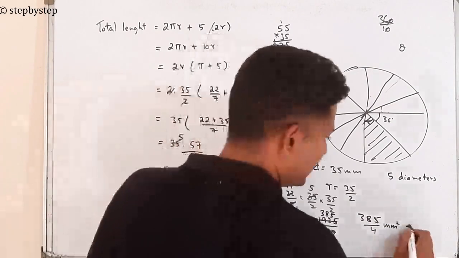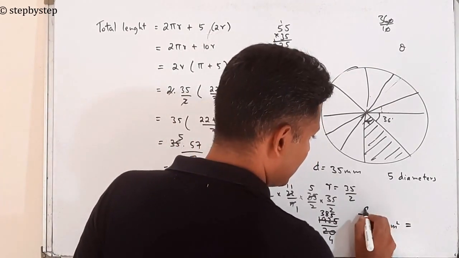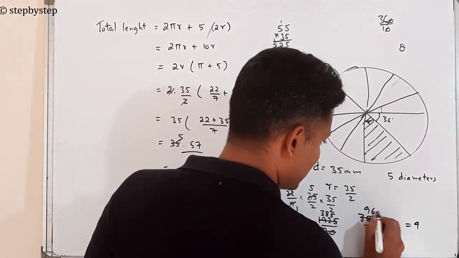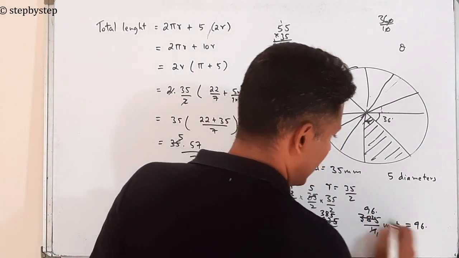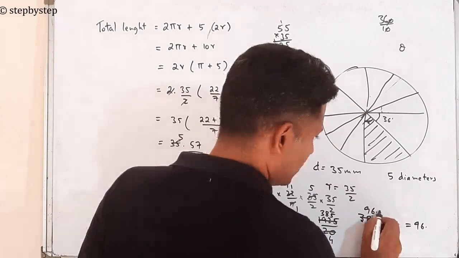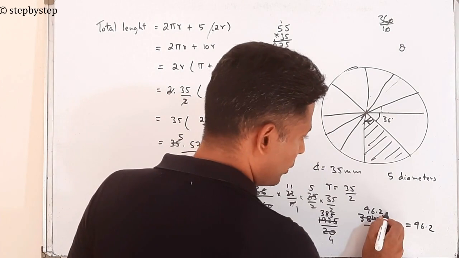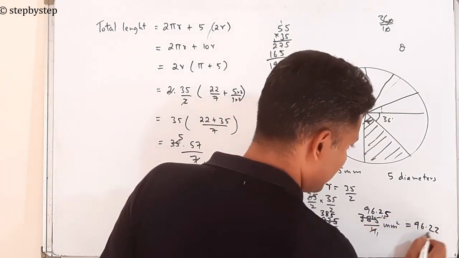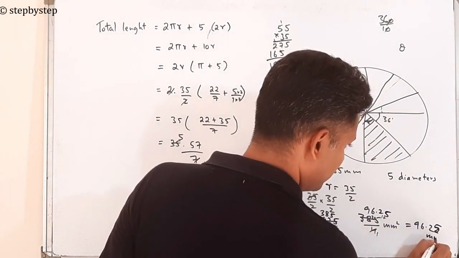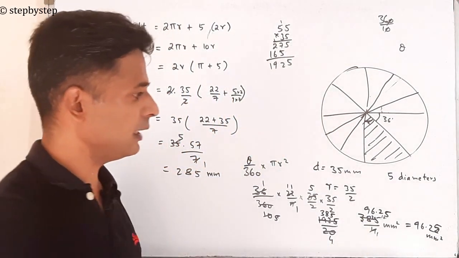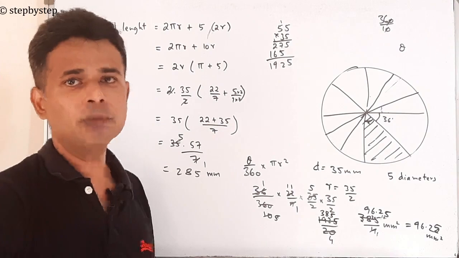If you want to convert it to decimals, it will be 96.25 mm square. Either you can write it as 385 by 4 mm square or 96.25 mm square.